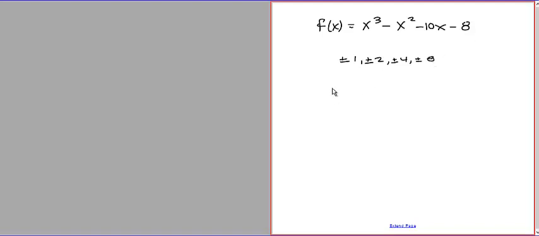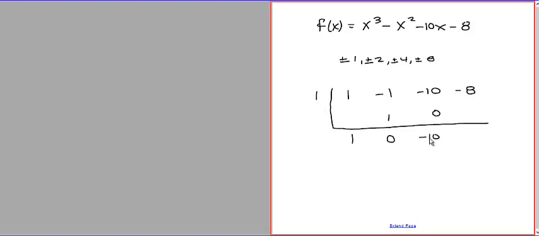So let's start at 1. We do our coefficients associated with the equation. We'll put x equals 1 in there. Bring 1 down. 1 times 1 is 1. Negative 1 plus 1 is 0. 1 times 0 is 0.